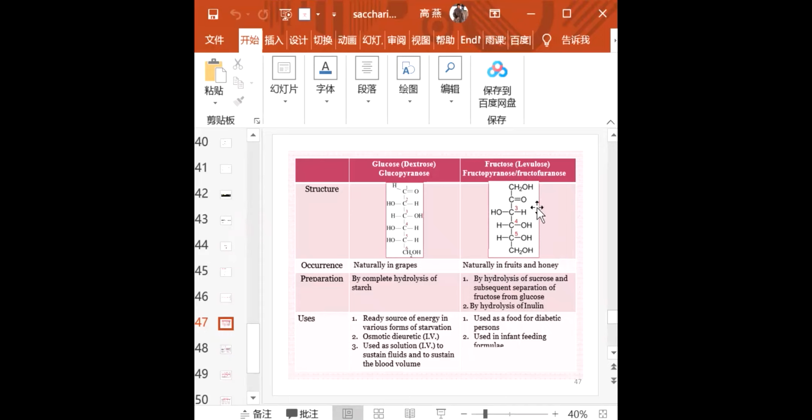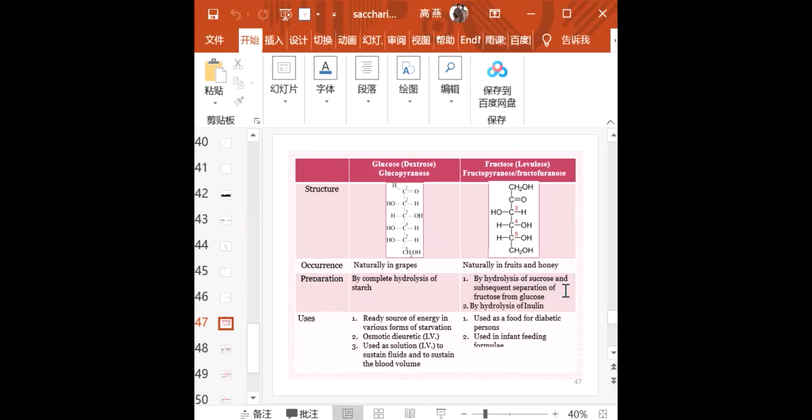So for fructose, its natural occurrence is in fruits and honey. That's why it's called fructose. And how do we prepare fructose?